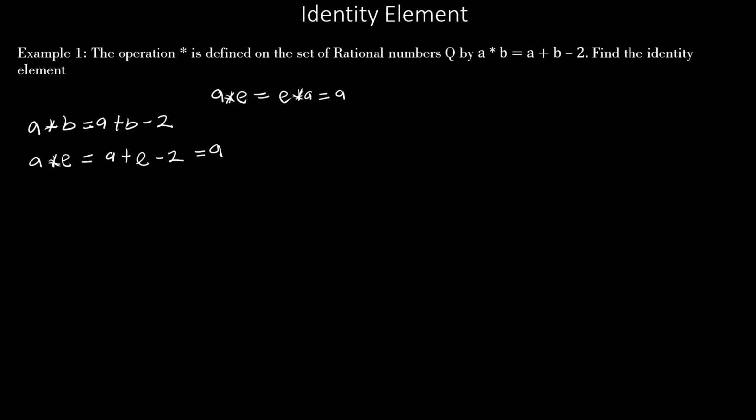So here we have a plus e minus 2 equal to a, and we have e equal to a minus a plus 2, and we have e equals 2. So under this operation, the identity element we have is 2.